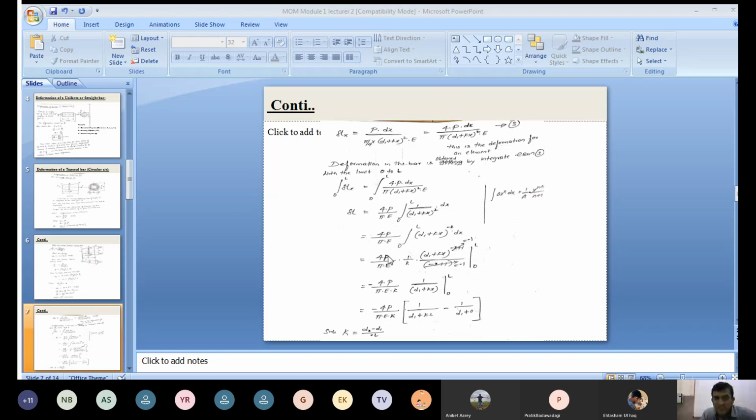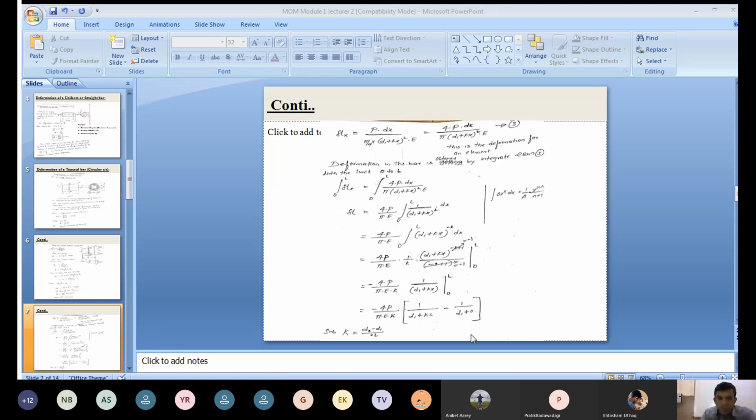If you apply the integral rule and simplify with the limit 0 to L, whatever you get here, the minus 1, then convert the numerator into the denominator. This is 1 over (d1 plus kx) with the limit 0 to L. Now first apply the upper limit, then apply the lower limit, then simplify.